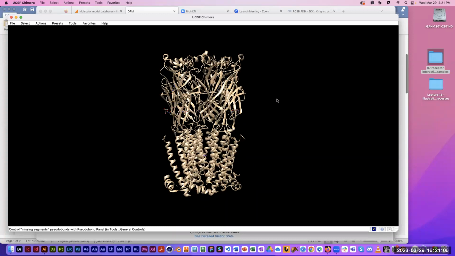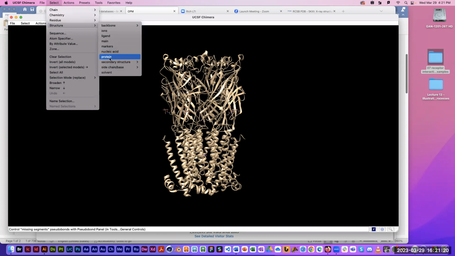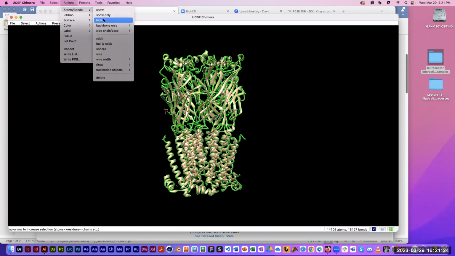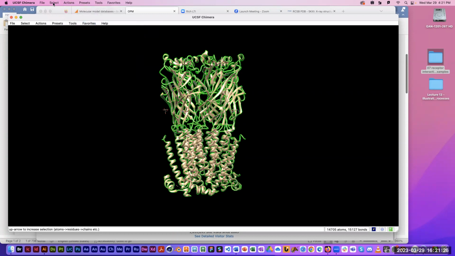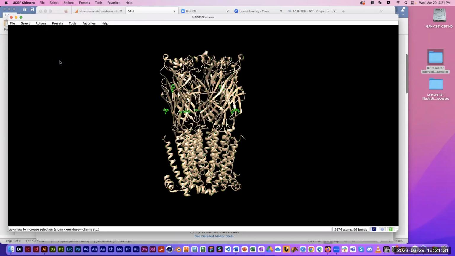But the reason I want you to download this from the OPM database, the Orientation of Proteins and Membranes database, is because remember, if we select structure protein, I'm going to hide atoms and bonds, but then I'm going to select and invert to select everything else. Now it's selected some of those ligands that we don't want. I'm just going to leave them in there for now.